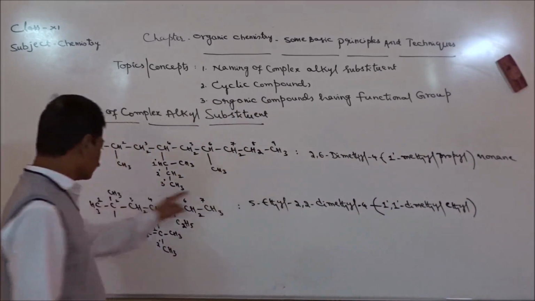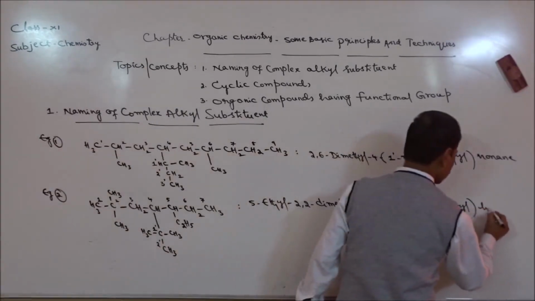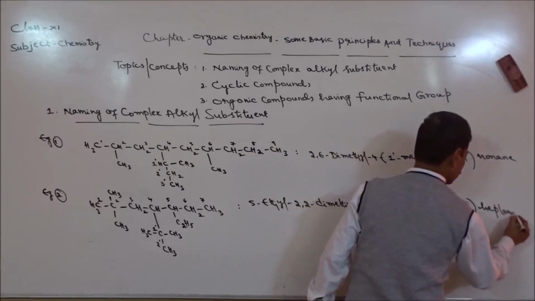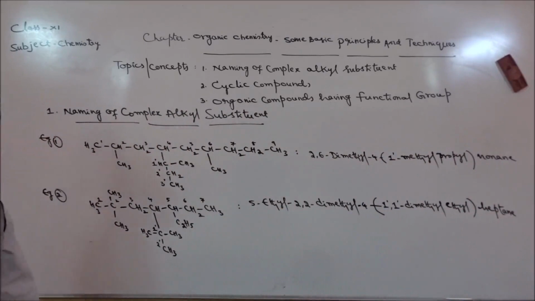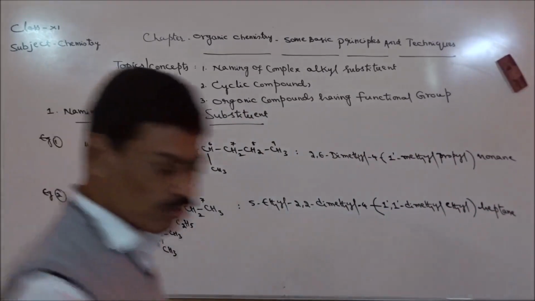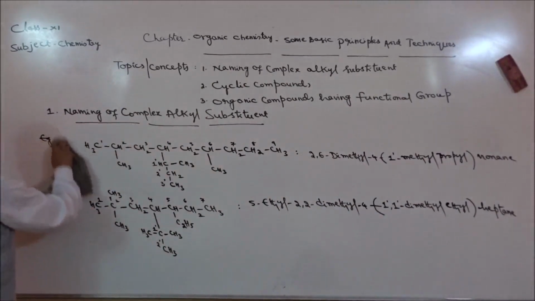Now this chain has 7 carbon atoms in it. So heptane. Yes. So this is the second example, and we will go to the third example.